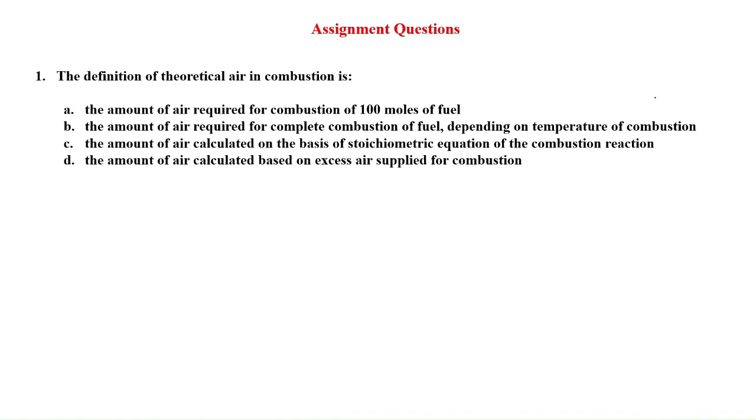Okay. Coming on to the assignment questions. The first question is: the definition of theoretical air in combustion is. The answer is the amount of air calculated on the basis of the stoichiometric equation of the combustion equation.